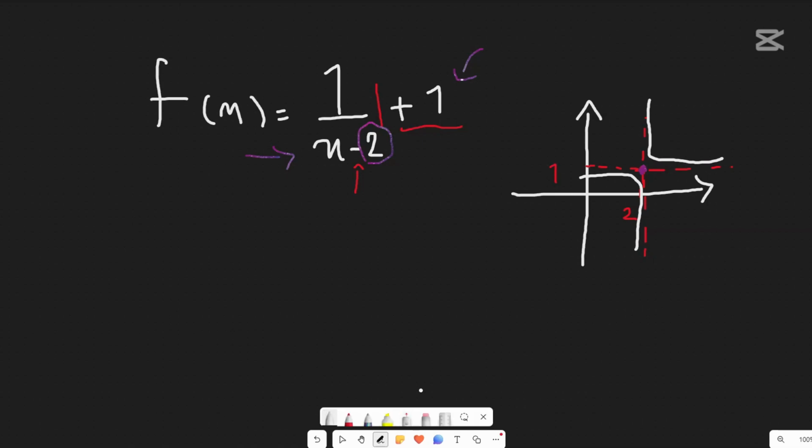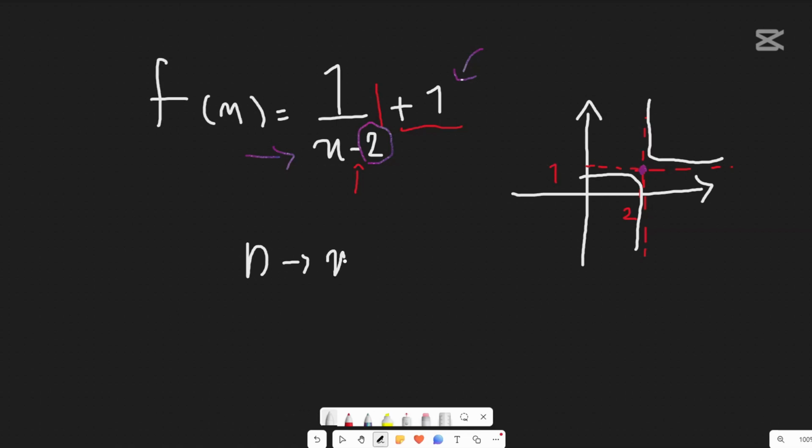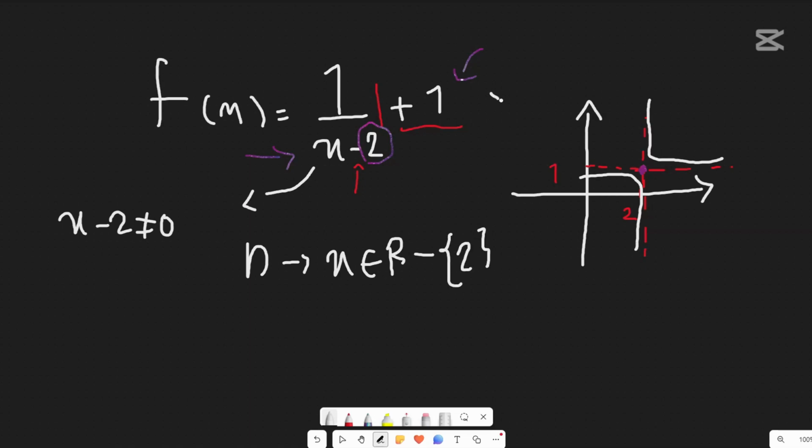So in this example, our domain is again x in R, or all the real values except, well, x negative 2 cannot be 0. We know that if x is 2, this is 0, so it's x in R, x not equal to 2. If you take a look at the graph, it's also obvious because the function never touches x equal to 2.